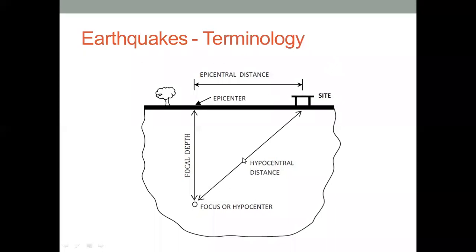So from the focus to the recording station, the distance is called the hypocentral distance. And there will be one point directly above the focus, placed at the ground surface itself.